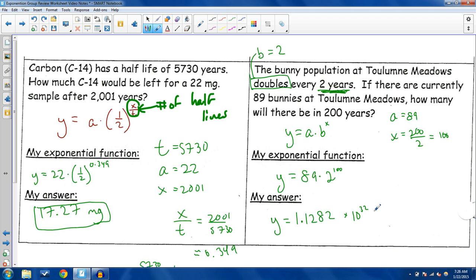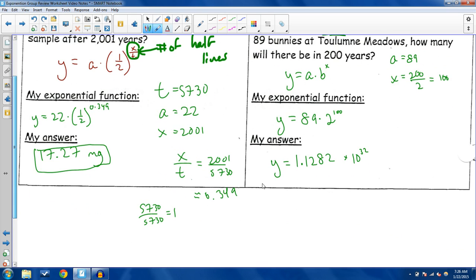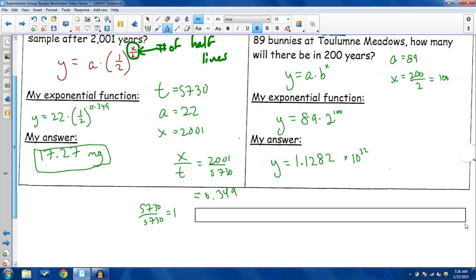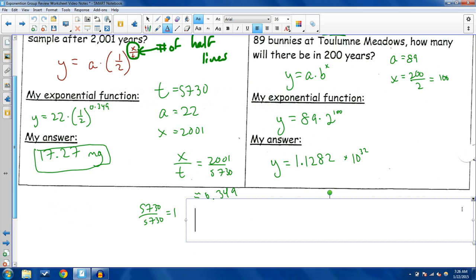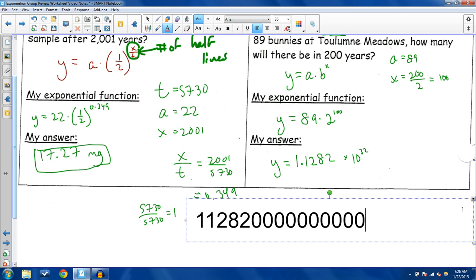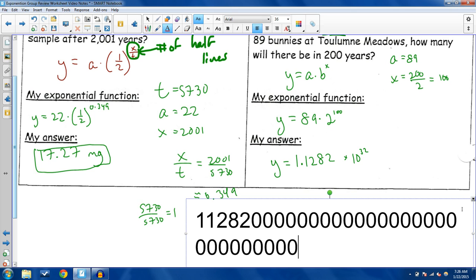Do you realize how big that number is? To humor you, I'll type it. This is 1, and then count: 1, 2, 3, 4, 5, up to 32.